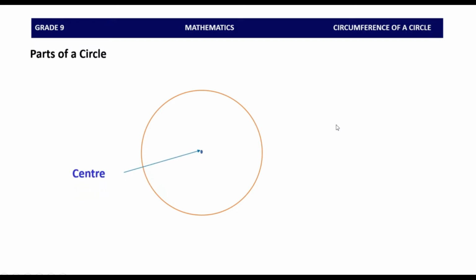Now, we are going to see the parts of a circle. The point at the exact middle of the circle is the center of the circle. The line segment joining any two points on a circle is a chord of the circle. The line segment joining two points on the circle through the center is the diameter of the circle.